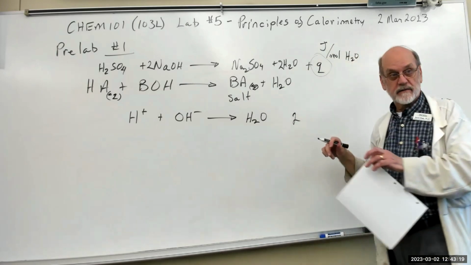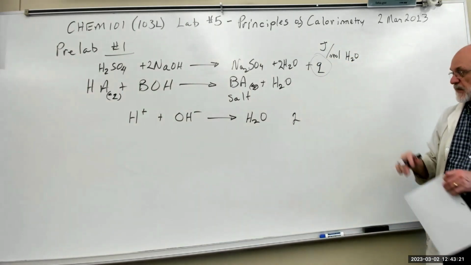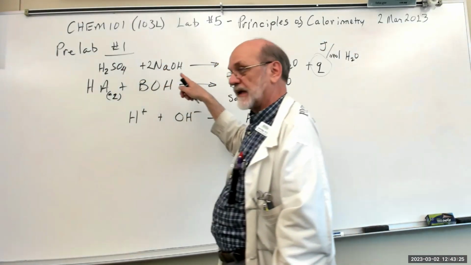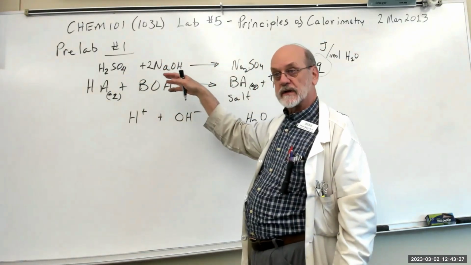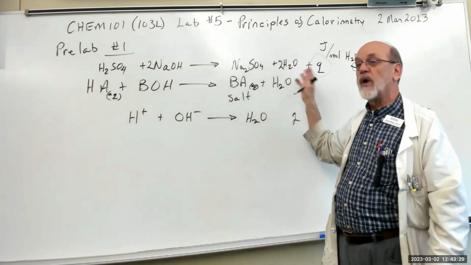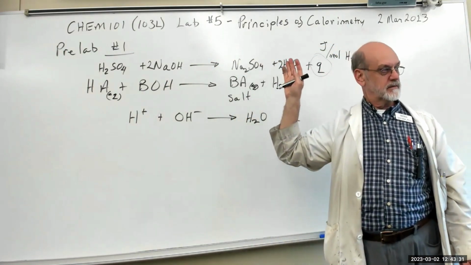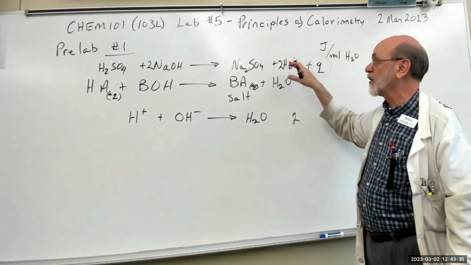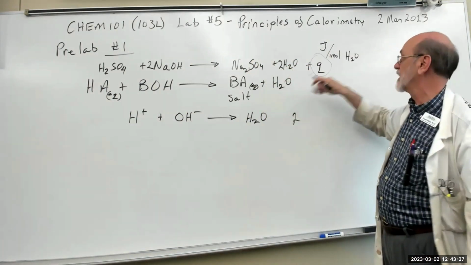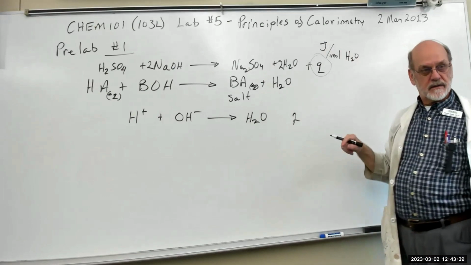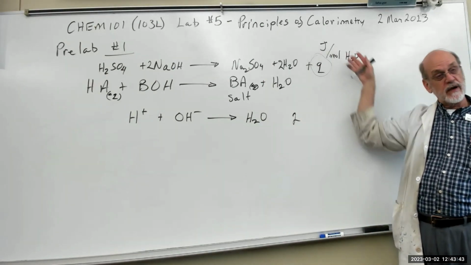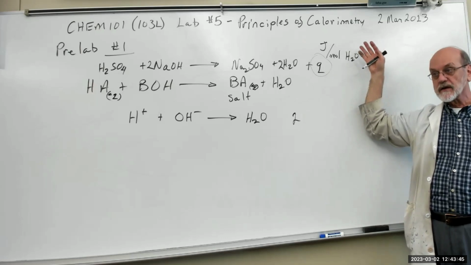That's where we're headed for that one. So you need to know how much of this you put in and how much of that you put in, and do the stoichiometry, so you know how many moles of water are produced. Once you know how many moles of water are produced and how much heat is produced, you get this quotient: heat divided by moles of water, and there's your value.